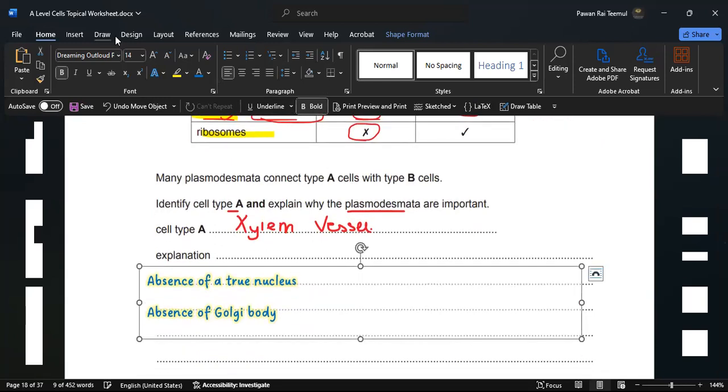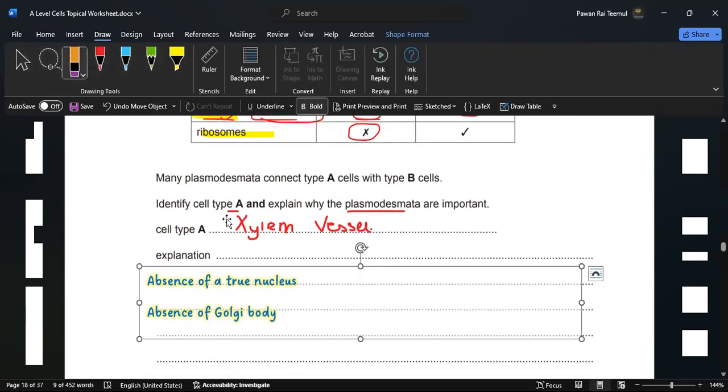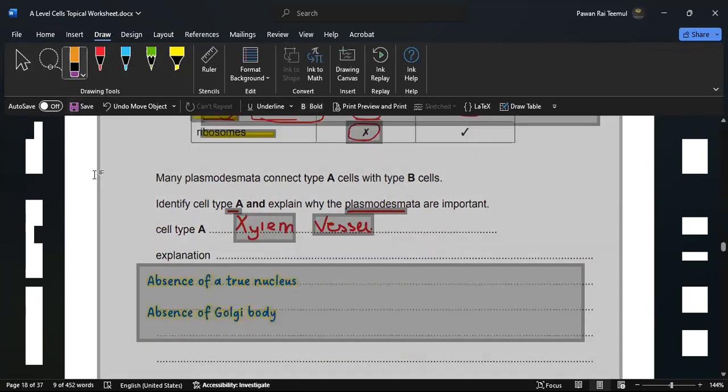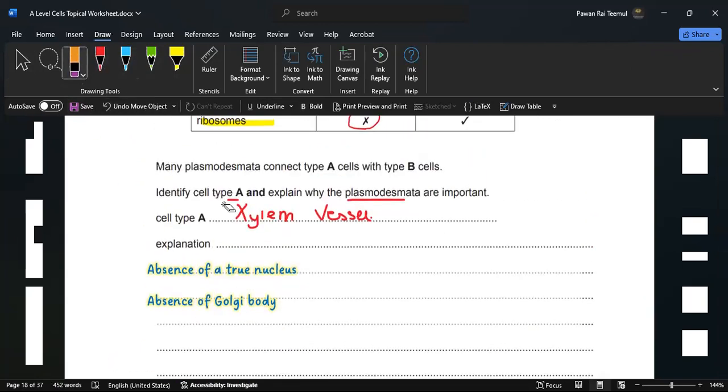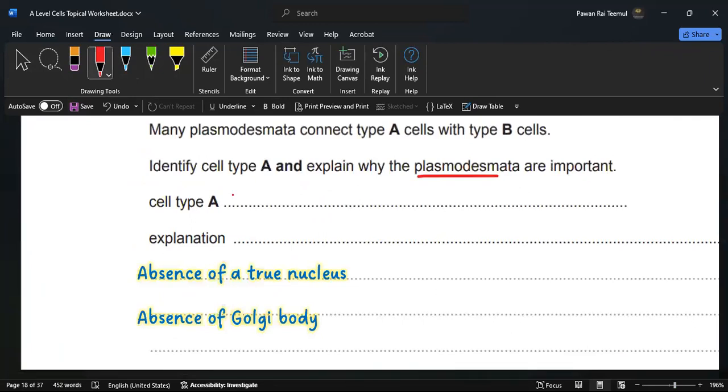Okay, so first of all, it is not the xylem vessel, apparently. So yeah, the answer is going to be the phloem sieve tube element. All right.